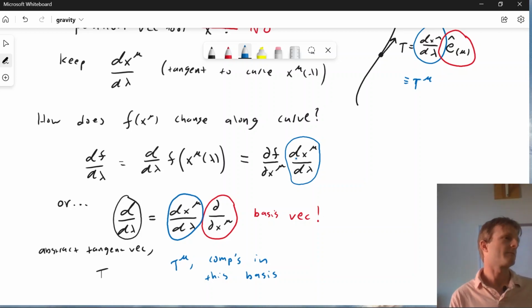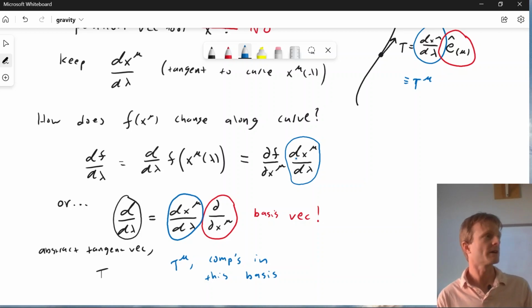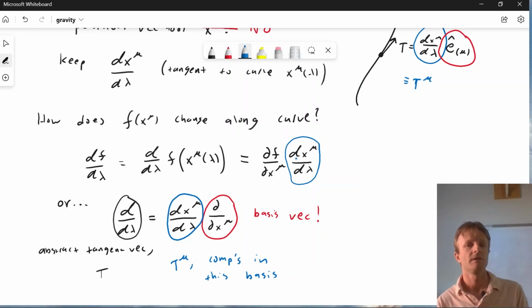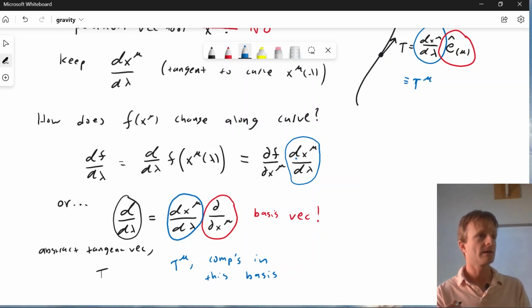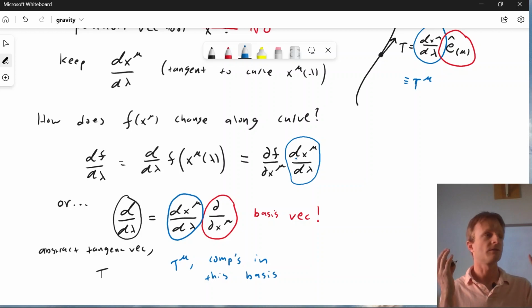We could define it abstractly as a map from functions on the manifold to numbers that's linear and satisfies the Leibniz rule. And so if I wanted to just cold-heartedly give you the definition of a vector, I would say a vector at a point P is an operator that takes functions on the manifold, returns numbers, and it's linear and satisfies the Leibniz rule.